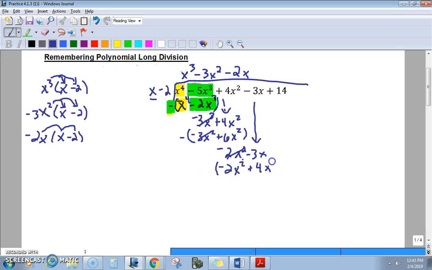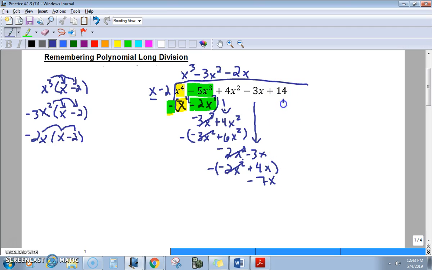But remember, I'm subtracting this whole thing, so negative 2x squared minus negative 2x squared cancels out, and then I have negative 3x minus a positive 4x, because I'm just basically taking negative 3 and subtracting 4, and that gives me negative 7x.